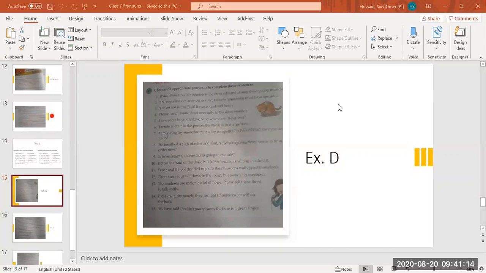Good. I am giving my name for the poetry competition. What have you decided to do? Good. Number eight: He breathed a sigh of relief and said, everything seems to be in order now. Everything. Very good.